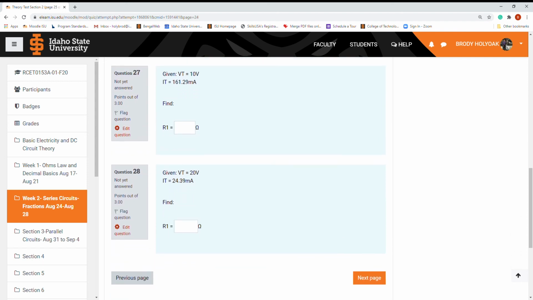Looks like these are all going to be about resistance. 10 volts is about current. I went through to make sure they had questions and everything. I didn't necessarily go through all the questions individually. Questions about these ones for solving for resistance? Okay, let's skip ahead.